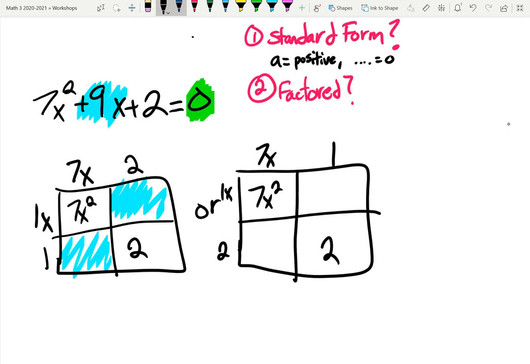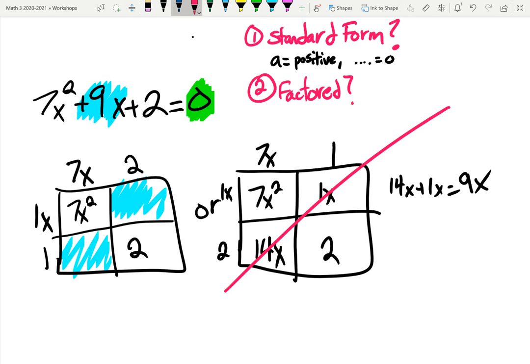Now I've got to see: 1 times 1x is 1x. 7x times 2 is 14x. Does 14x plus 1x equal 9x? No. Does 7x plus 2x equal 9x?